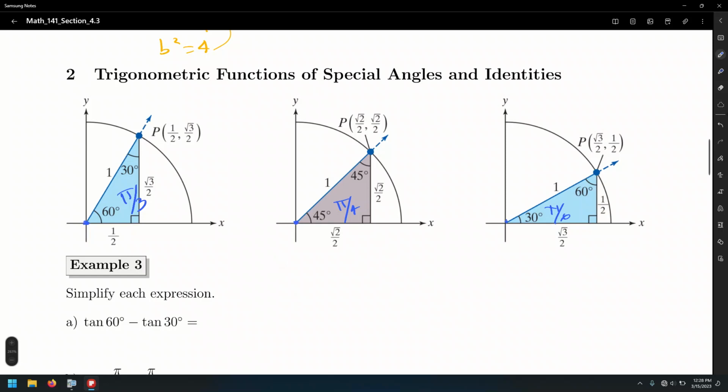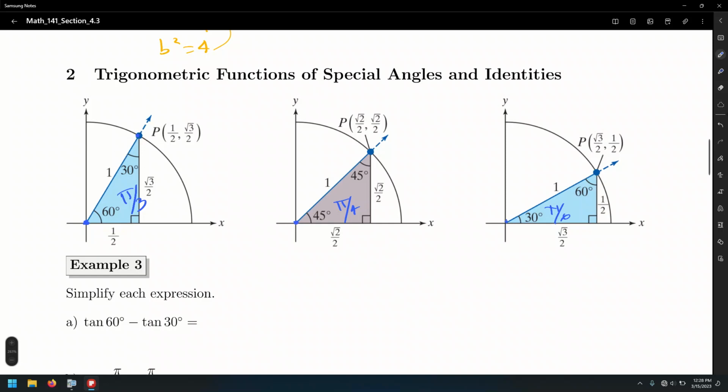So to go from the origin to that point on the circle, we need to move some units in the x direction and some units in the y direction, and the distance between that origin and the point on the unit circle forms a right triangle.